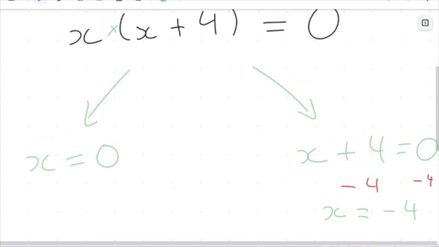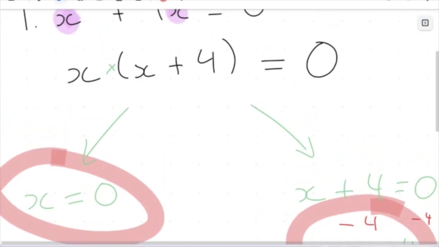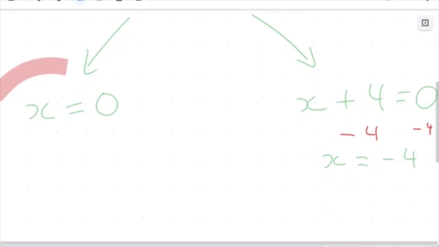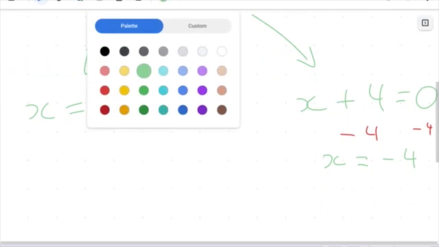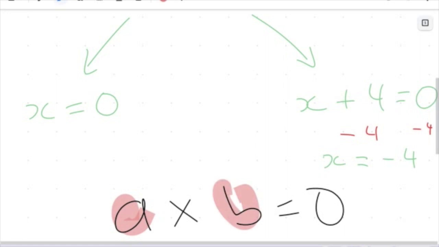So I have two values of x, one being 0 and one being minus 4, that when we substitute these in, I'm going to get my left hand side equaling 0 because of this null factor law. This idea that I'm always going to get a solution of 0 if my first term or my second term, my a or b, is equal to 0.